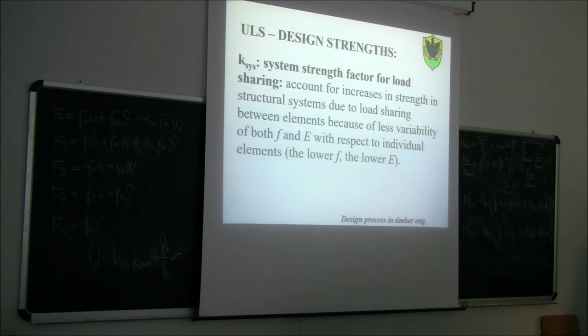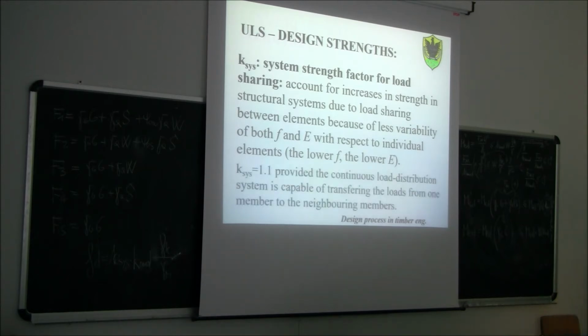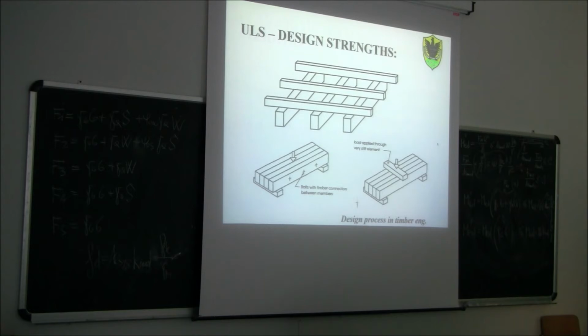What does this mean? Basically, suppose you have a member made of different members connected together with some bolts, or maybe nailed together. So rather than only one element, you have many elements connected together.